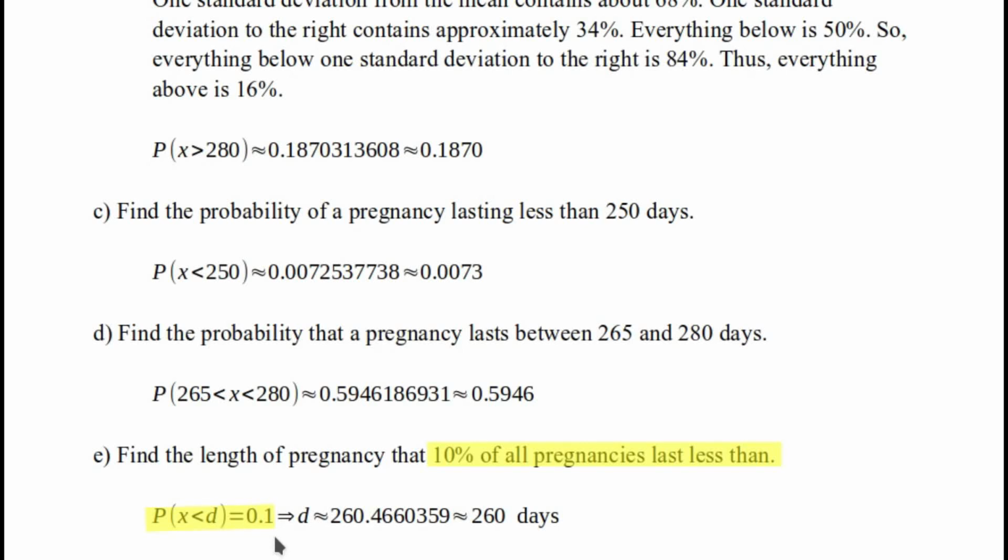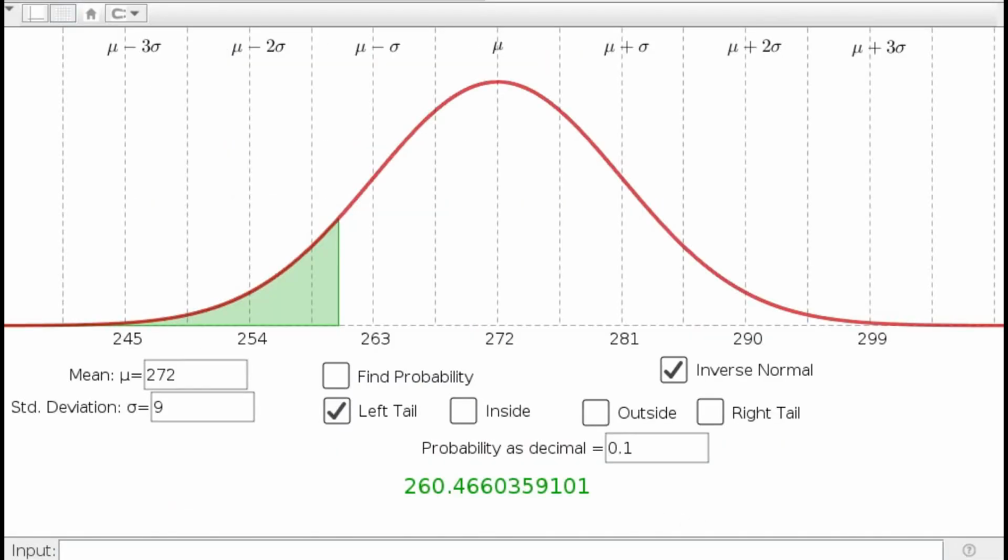We know exactly what that probability is equal to. It's 10%. But what we're interested in now is saying an equally valid implication. So if you haven't seen this symbol before, it's red implies, and it means that the next step is to determine what our unknown number of days d is. We just did that with the normal distribution calculator, and I think it's fair to round that to about 260 days.